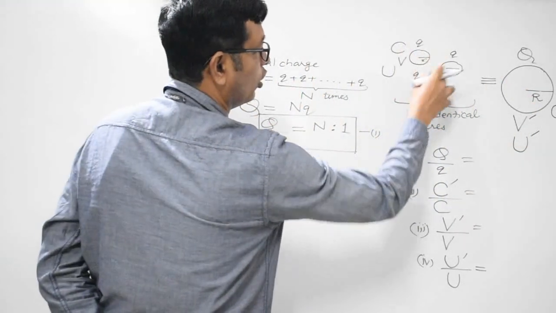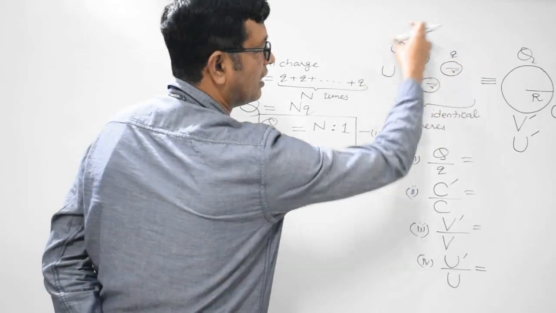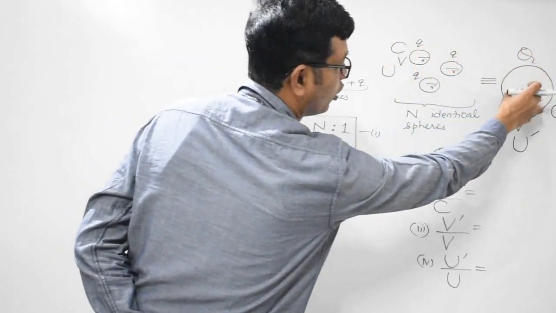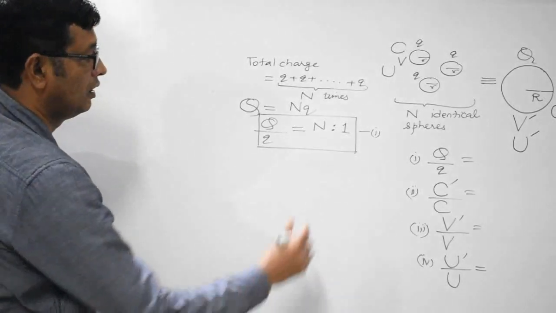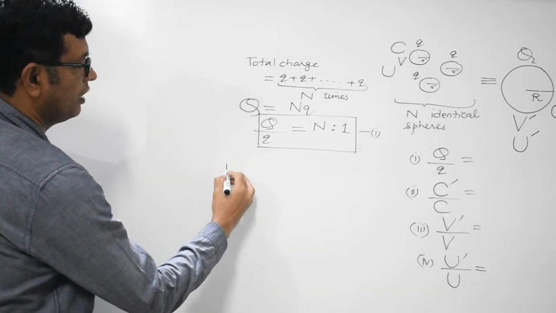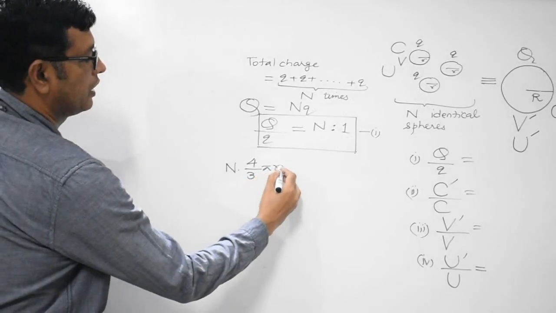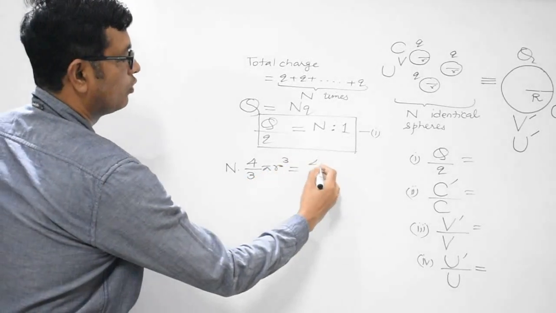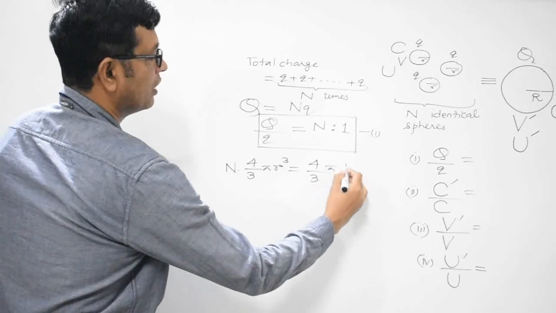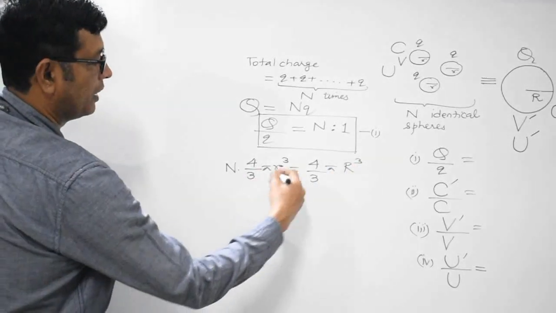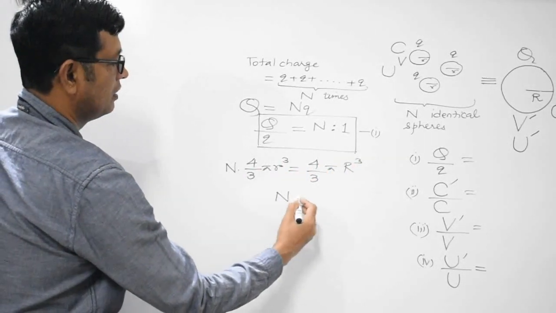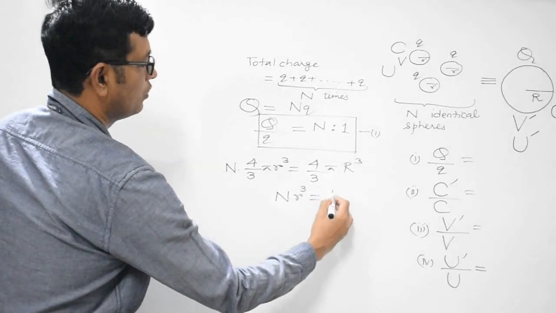So the volume of n small identical spheres would be equal to the volume of the big sphere. So n times the volume of a small spherical drop would be equal to the volume of the bigger one. So what do you get? 4 by 3, 4 by 3, it gets cancelled. n r cube is equal to R cube.